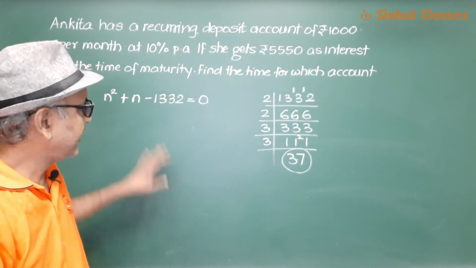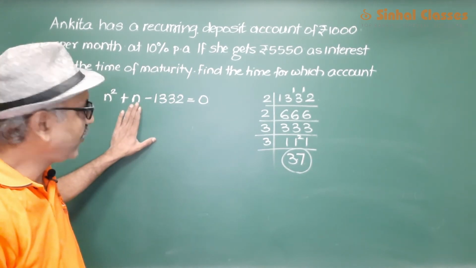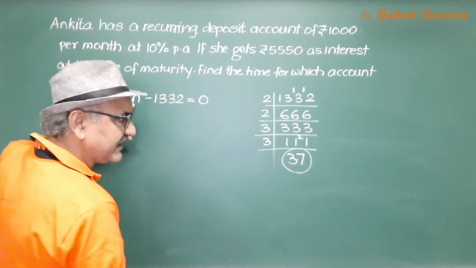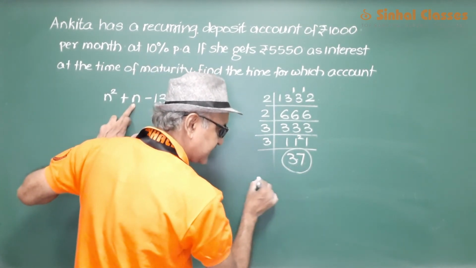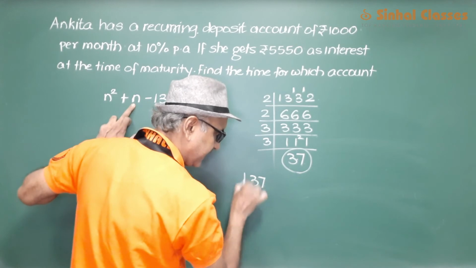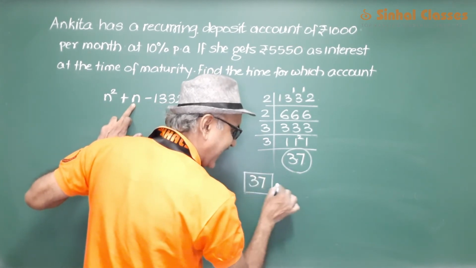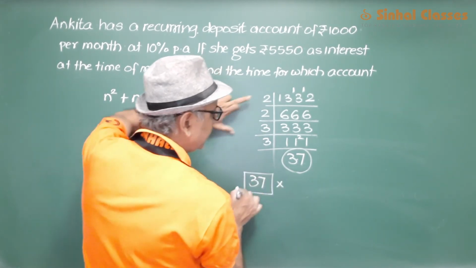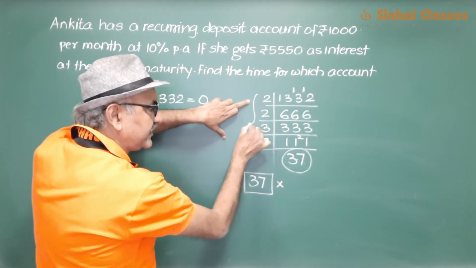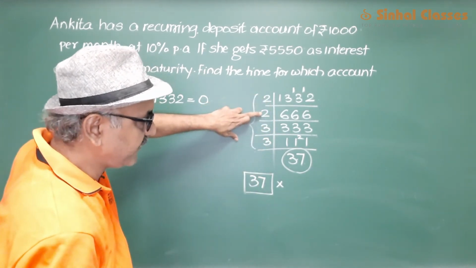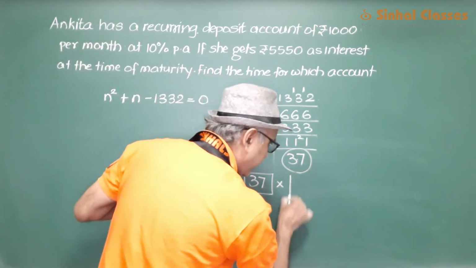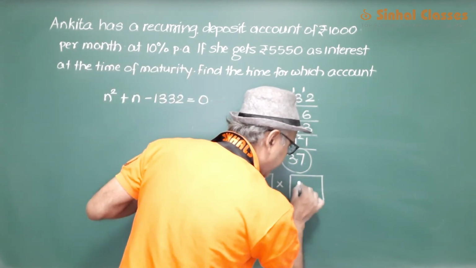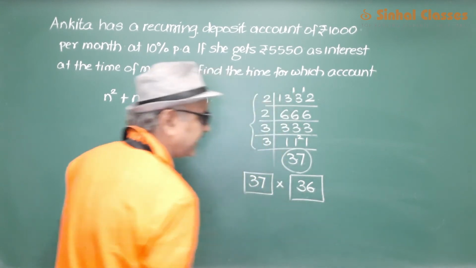So you leave this factorization process here at 37, and now you want n, that is 1n. To get this 1n, one number required by us is 37 and the other number would be this: 2 2s are 4, 4 3s are 12, 12 3s are 36. So the next number is 36.